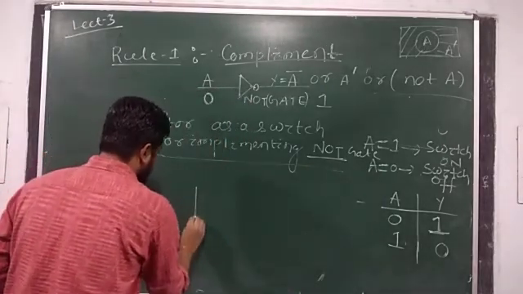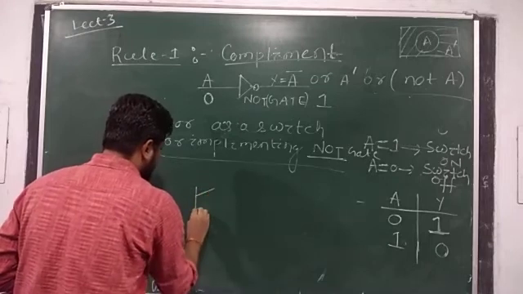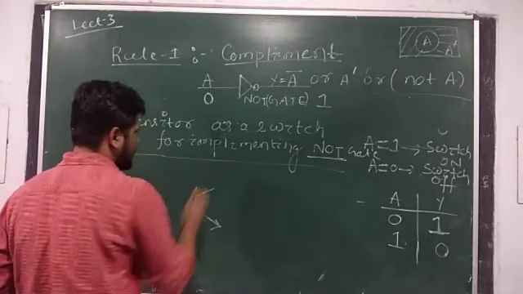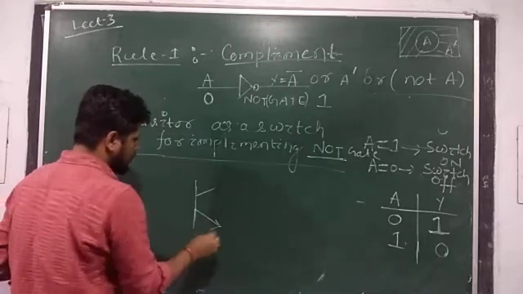So transistor is a 3-terminal device. Here I am considering we have two types of transistor, that is NPN or PNP transistor.